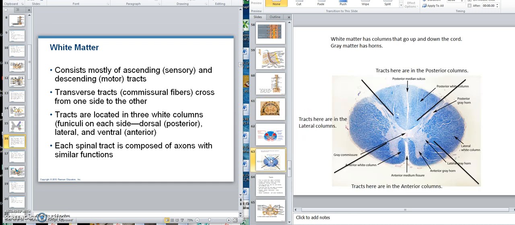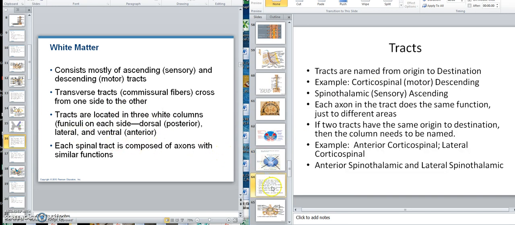All right. Now, what is in these columns? What's so important about these columns? This is where you get these tracts. Basically, a tract is a cluster of fibers, of axons, in the central nervous system. Matter of fact, I can put that.